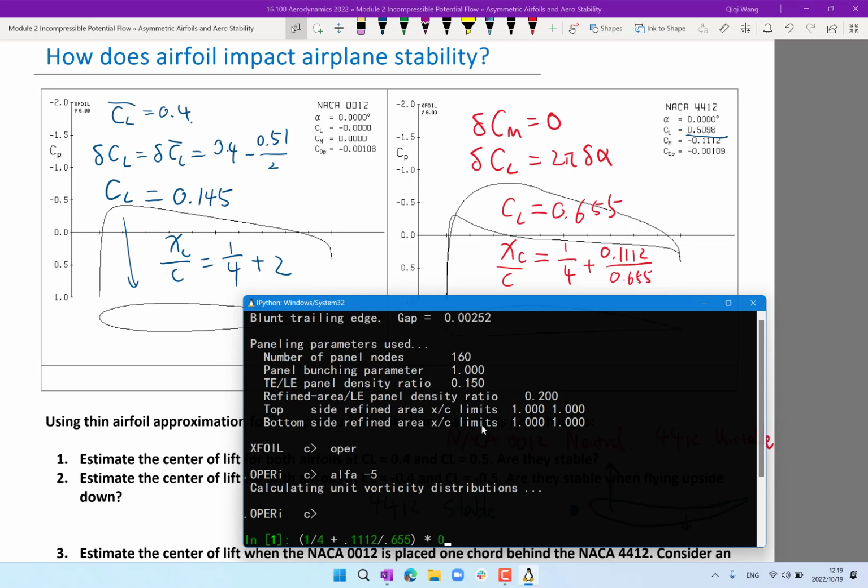Times the CL 0.655, plus the center of lift of the after airfoil times its lift 0.145, and the whole thing has to be divided by the sum of the lift coefficients, which we know is 0.8, right? Any questions about that?